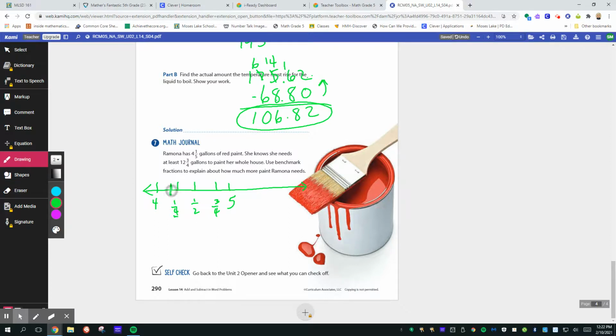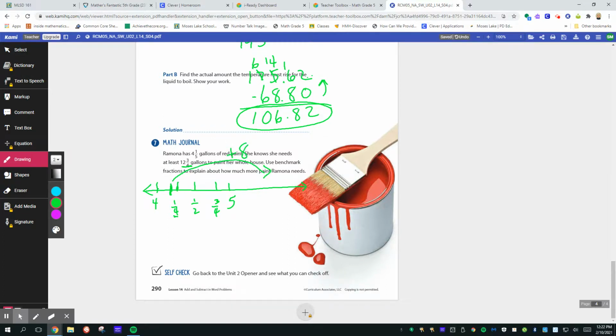So she's right here right now and wants to get to 12 and 3/4. If you're at 4 and about a 4th, can you go to 12 and 1/4? So that would be plus 8, right?